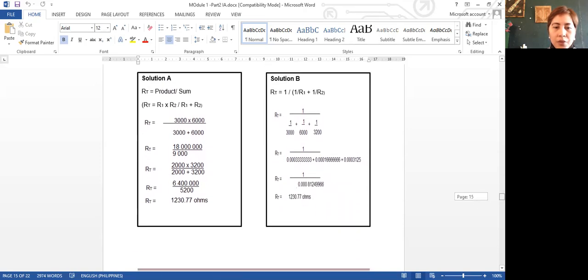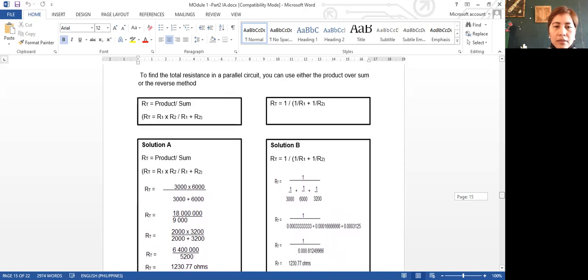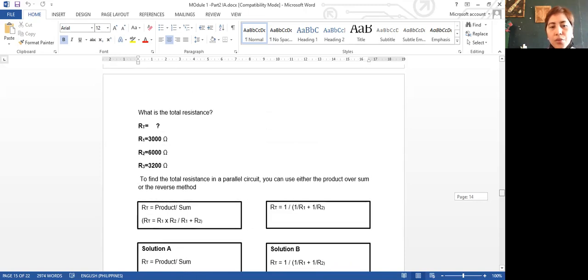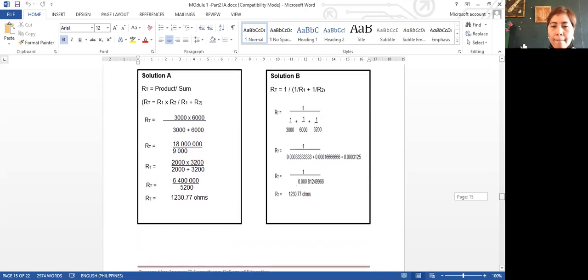And then we're going to add the 3,200, which is R3. Same process will be done.